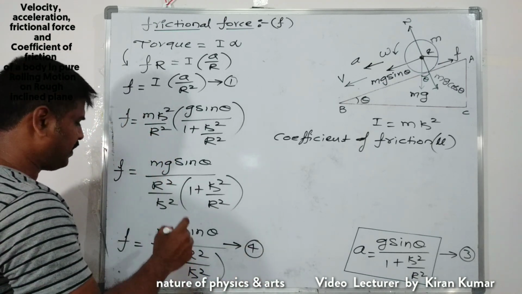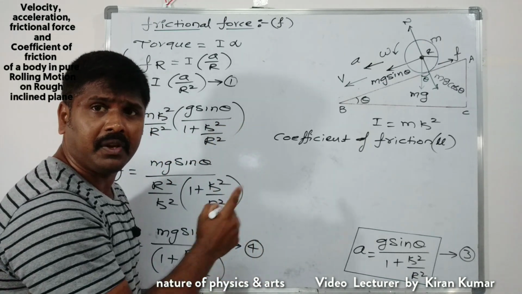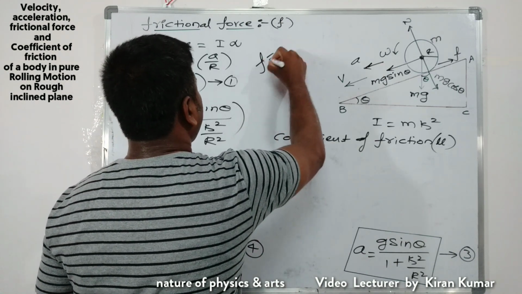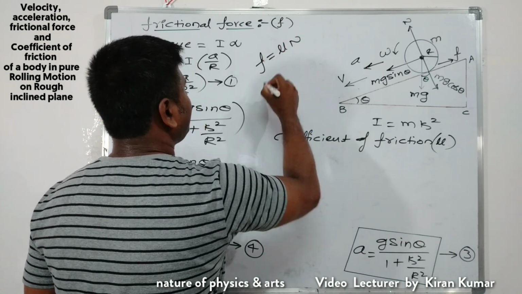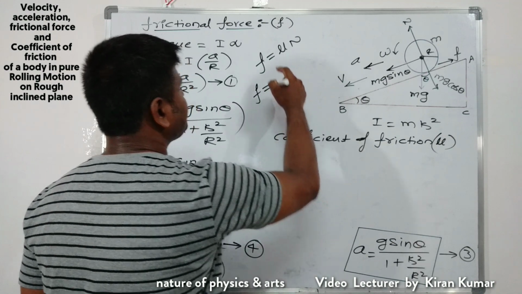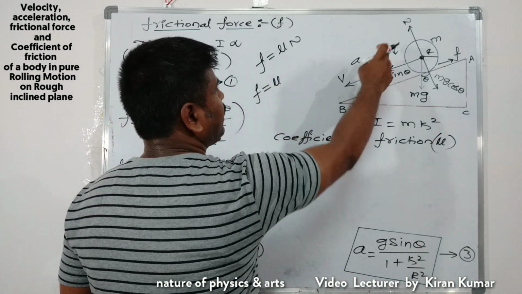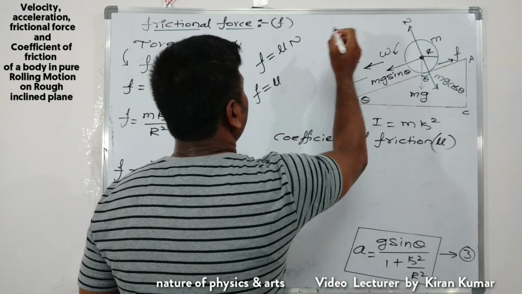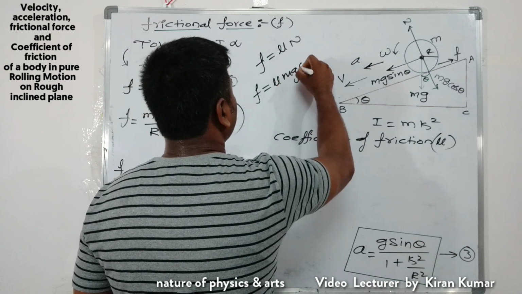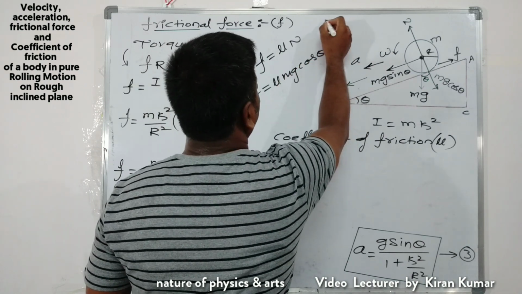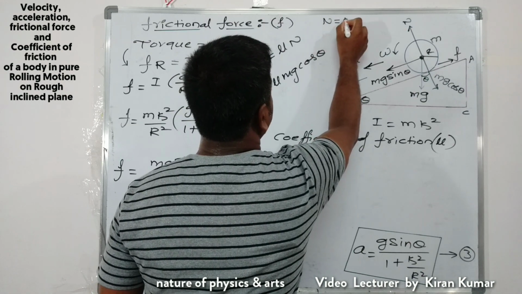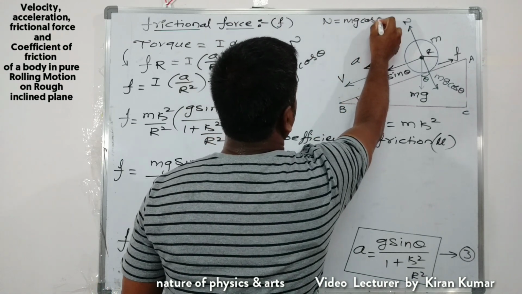Before that, frictional force F is equal to mu into the normal reaction, so F is equal to mu mg cos theta. Here the normal reaction N is equal to mg cos theta.